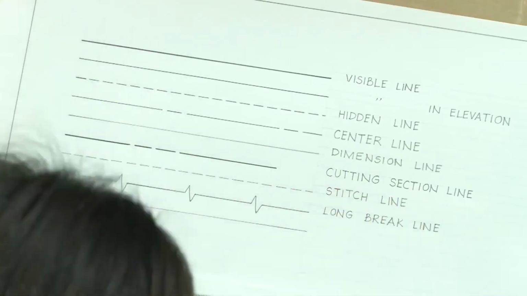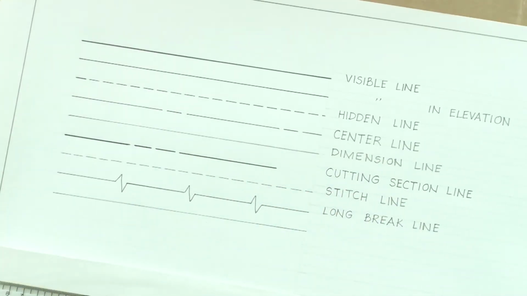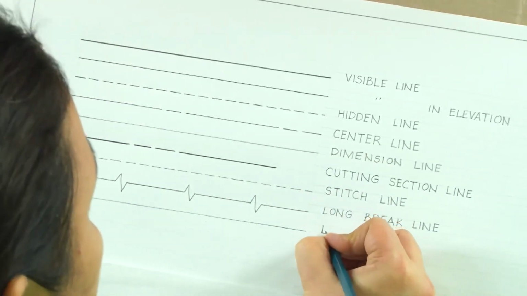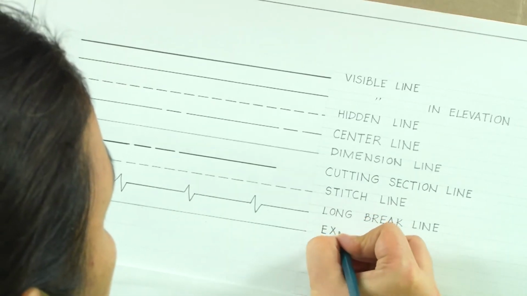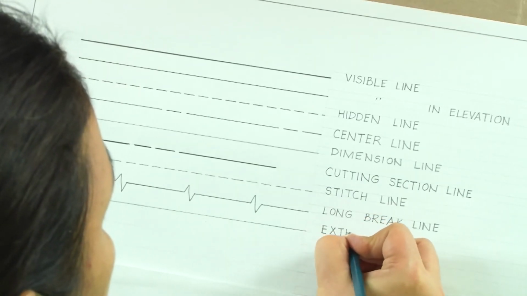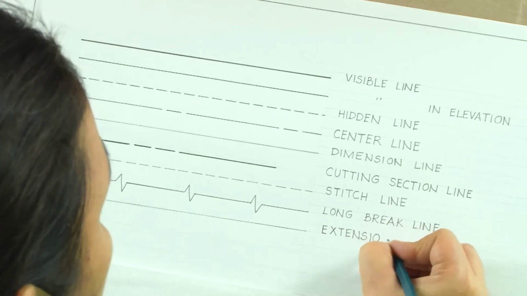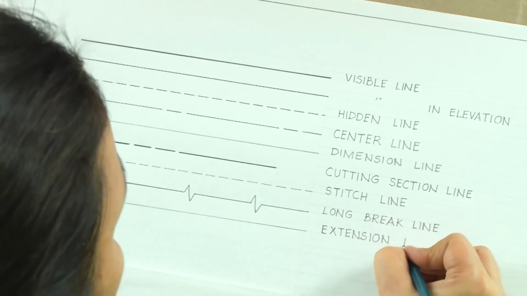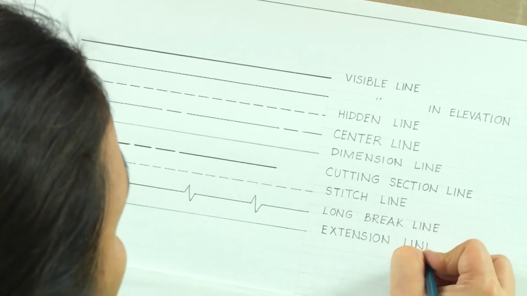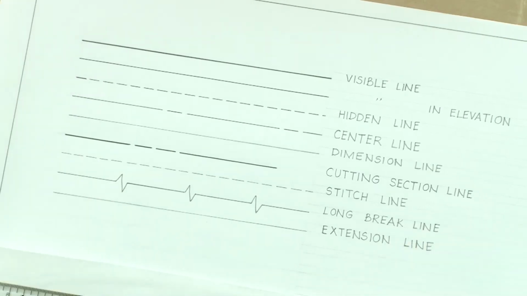So, very thin, thinner than a dimension line, and this is called an extension line. These are the most common lines which will be used by you.